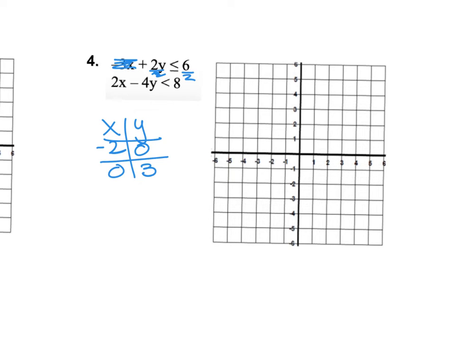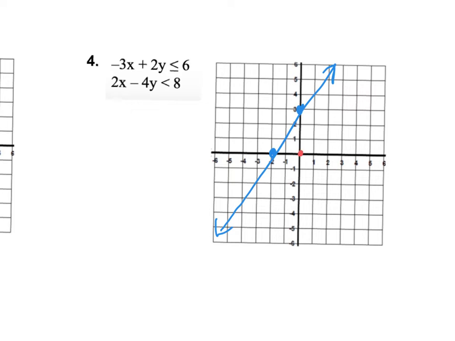So our points are negative 2, 0, and 0, 3. And I know it's solid because it's less than or equal to. All right, so now we do need to test this point, 0, 0. Is 0 less than or equal to 6? Yes, 0 is less than or equal to 6, so we know that we're going to shade in this direction here.